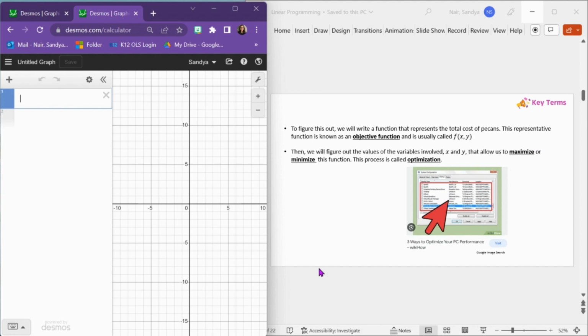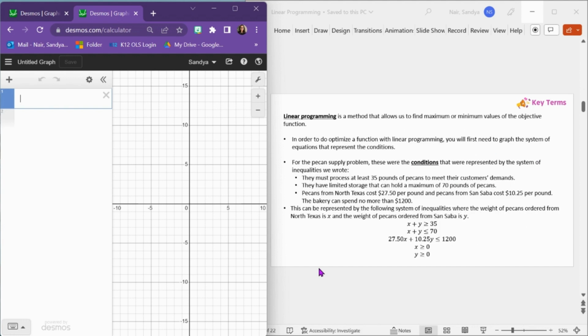To do this, we're going to use a problem-solving process called linear programming. I know that some people see the word programming and get confused and think that we're going to start programming computers, but that's not what we're doing. We're just using this problem-solving process to figure out the maximum or minimum value of our objective function. What we need to do first is graph the system of inequalities that represents the conditions.